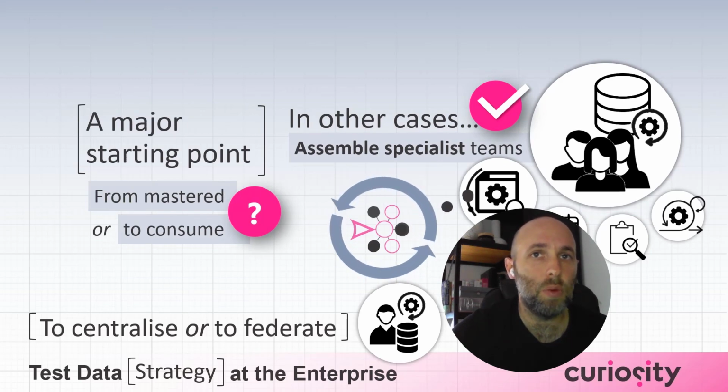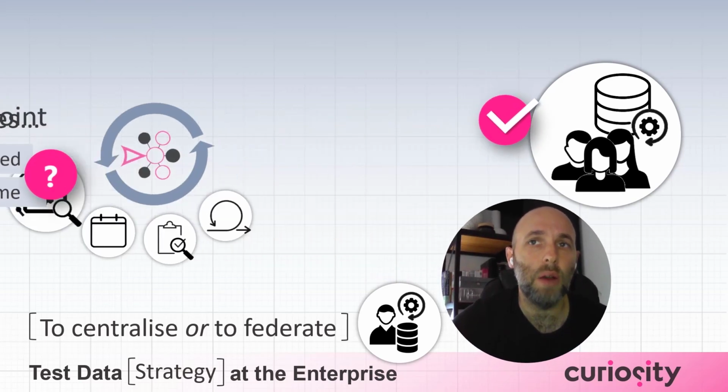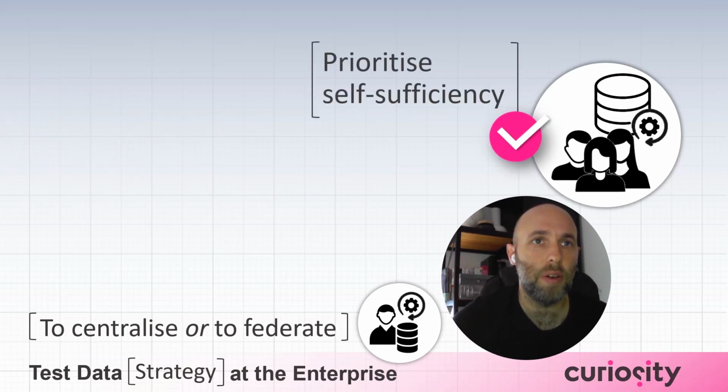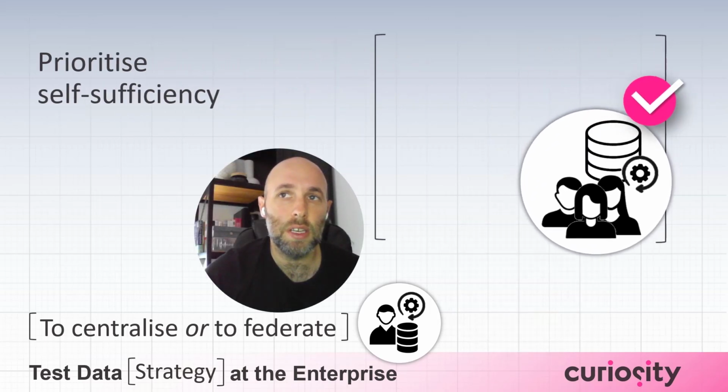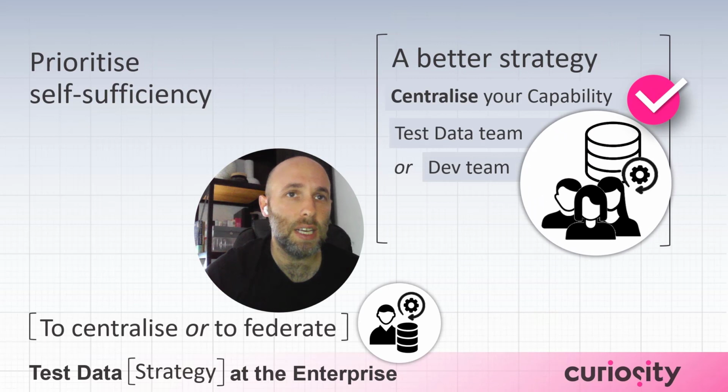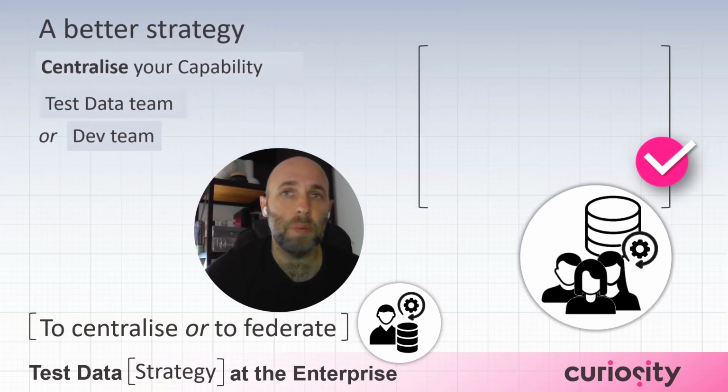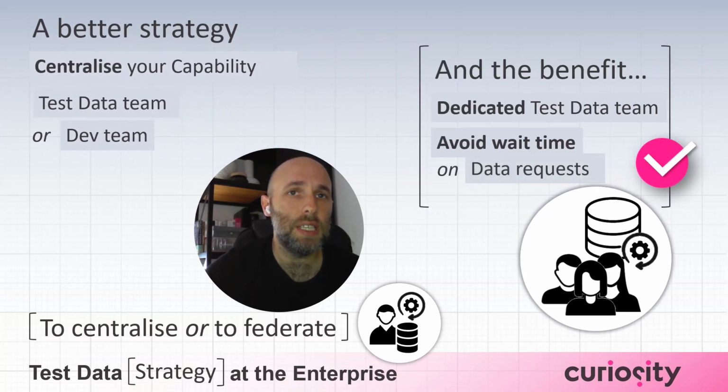As much as a test team will want to be self-sufficient, they probably won't know how to effectively source the data from another area, and so end up becoming reliant on another team despite their best efforts. A better strategy in that circumstance is to work with either a centralised test data team or the dev team who are responsible for that system to ensure that the request and provisioning process is as efficient as it can be. The benefit of a centralised test data team in this scenario is that they are dedicated.